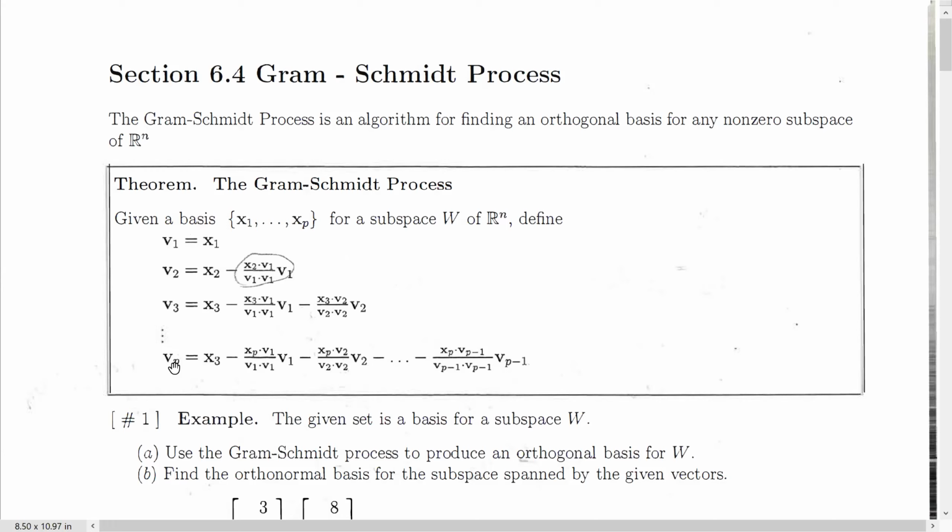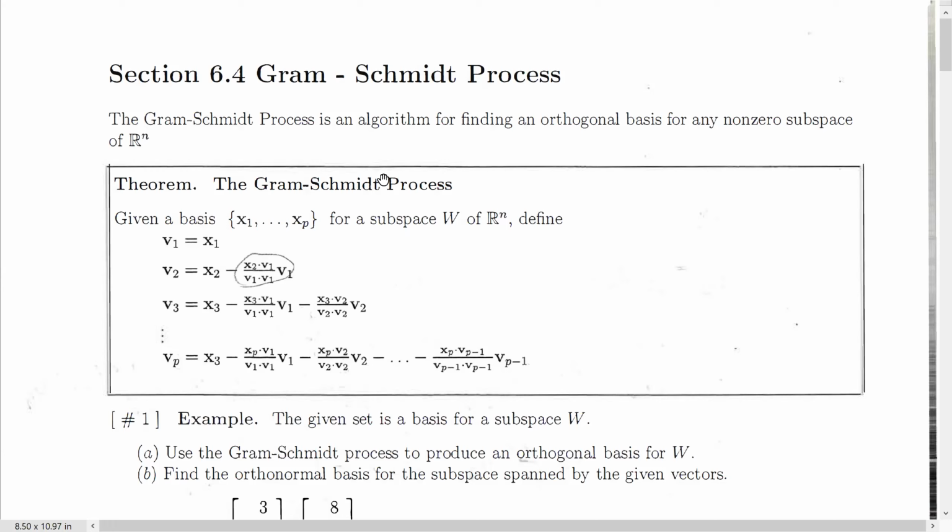So the vectors v1, v2 are orthogonal. How do we get this? First we have a set of vectors x1 up to xp. We take the first vector to be the same vector, and the vector v2 is orthogonal to the projection. This is the projection of vector x2 onto vector v1.